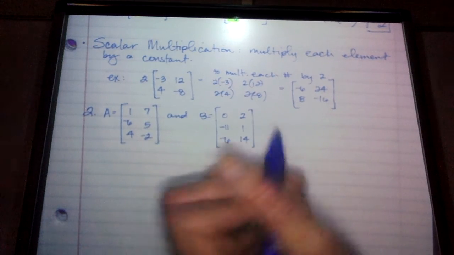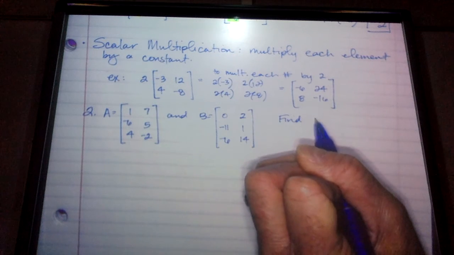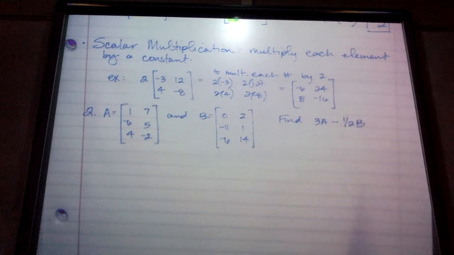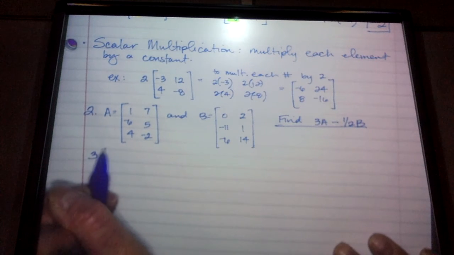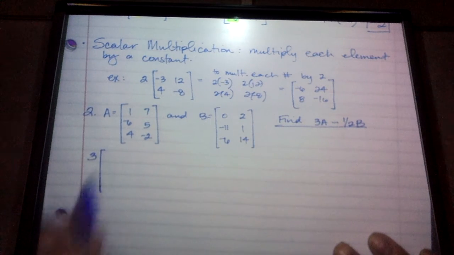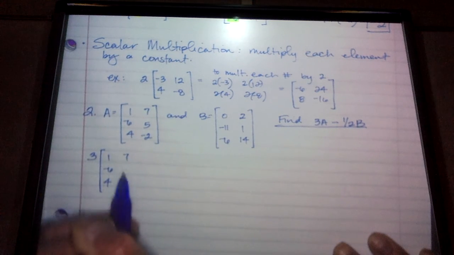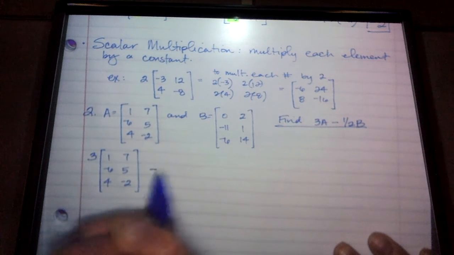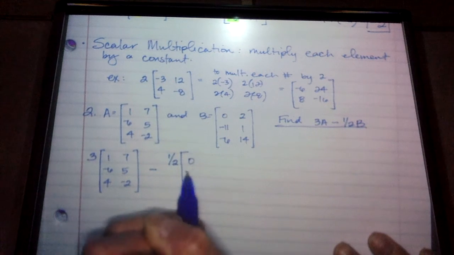And I'm going to ask that you find 3A minus 1/2 B. Okay, those are the directions. So that would mean I'm going to take 3 and multiply it by matrix A, which is 1, negative 6, 4, 7, 5, negative 2. And they want me to subtract 1/2 times matrix B.